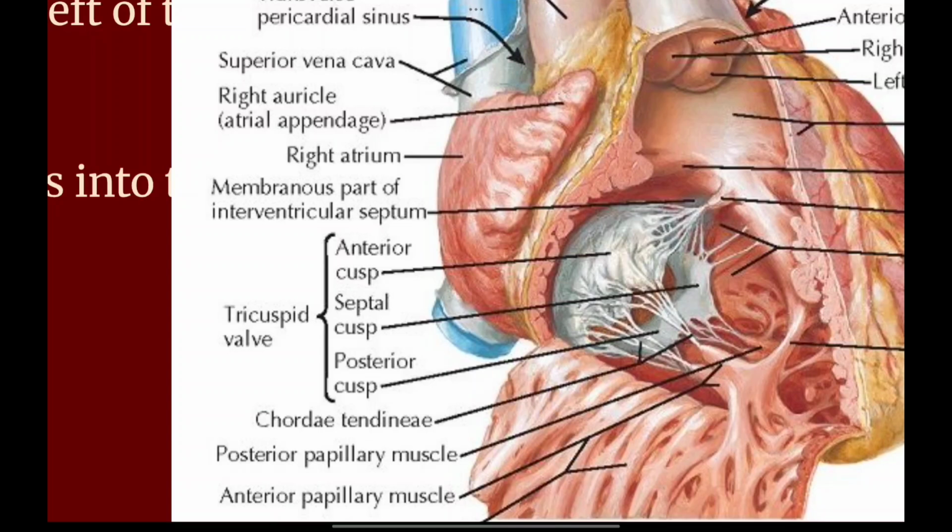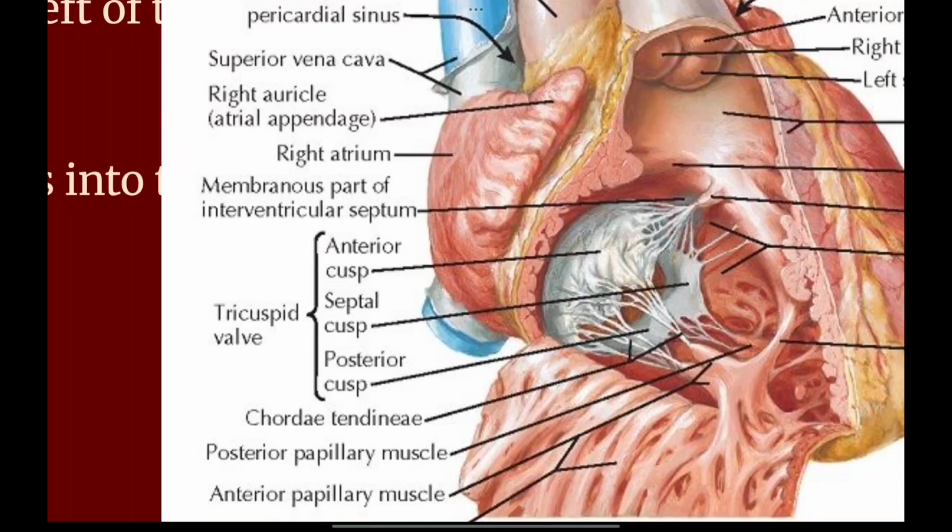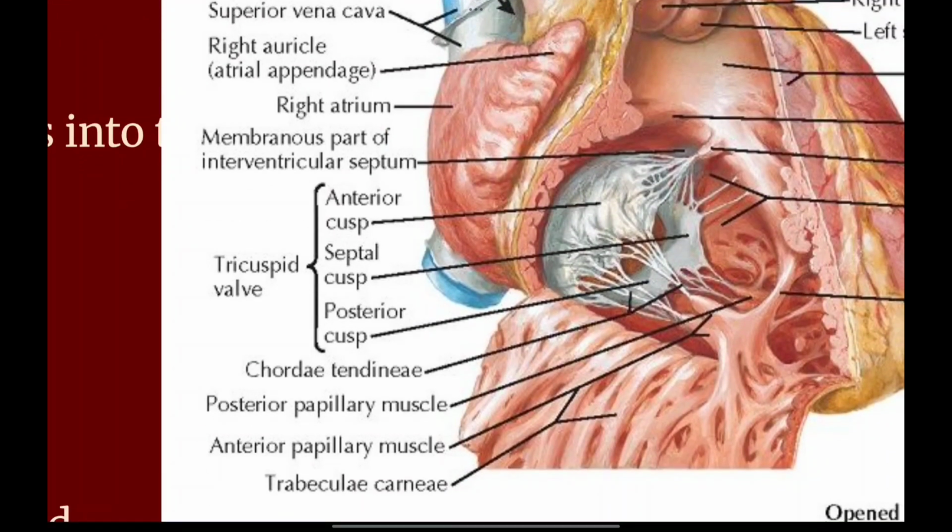These have three cusps around them, and hence it is called the tricuspid valve. The tricuspid valve has an anterior cusp, a septal cusp and a posterior cusp. These three together make the tricuspid. These cusps are attached to the muscle wall with the chordae tendineae.